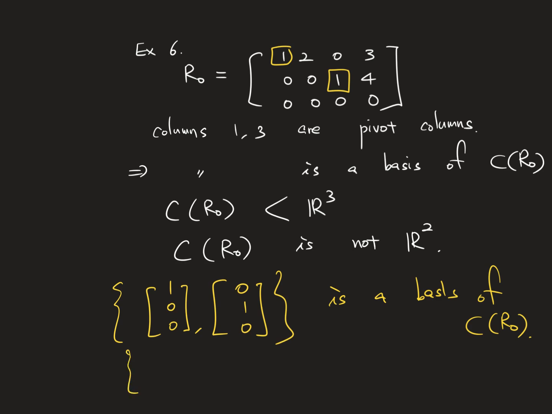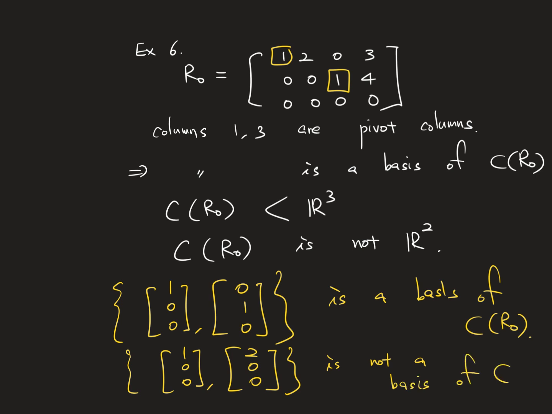But if you take (1, 0, 0) and (2, 0, 0), this is column 1 and column 2, it is not a basis of C(R0) because these two vectors are dependent.